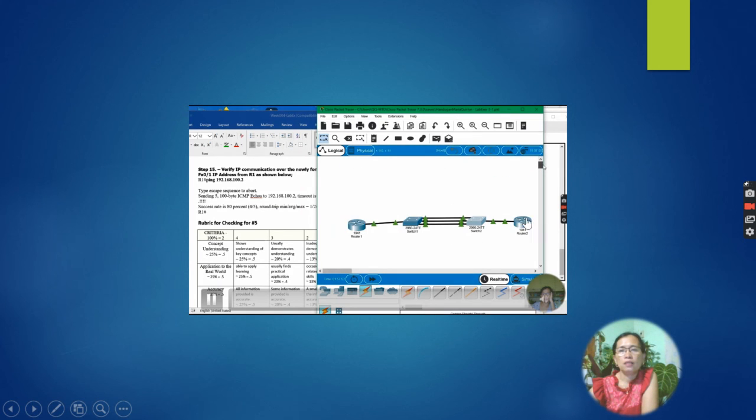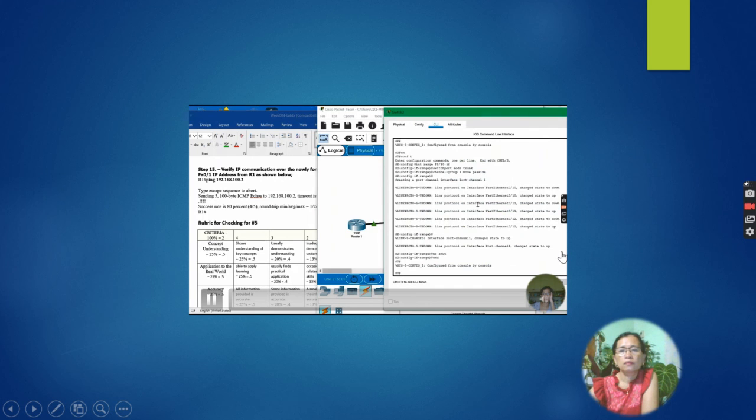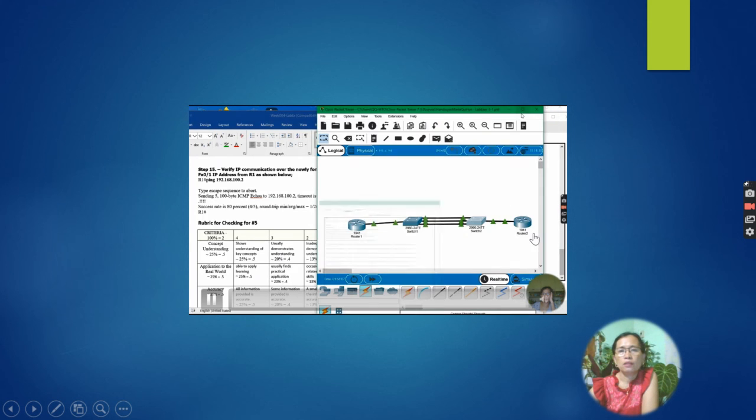They are communicating with each other, from Router 1 to Router 2 and the switches. They're communicating with each other.